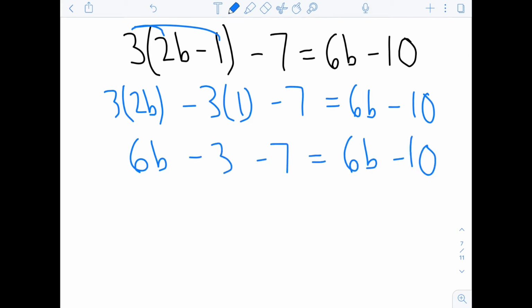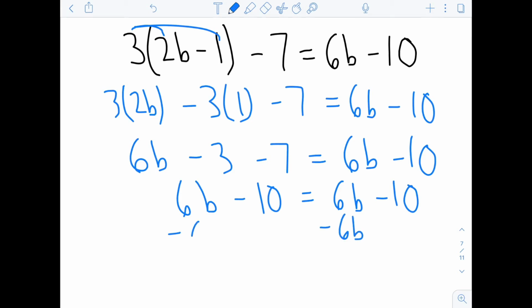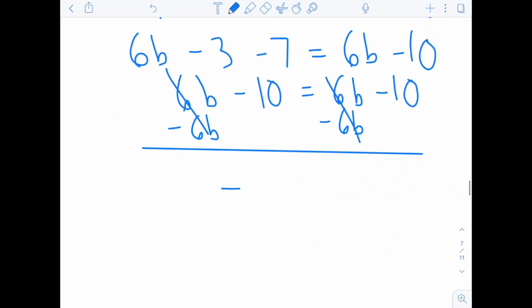And now we could combine the negative 3 minus 7, so that's going to be negative 10. And now we can get rid of the variable term, so we can subtract 6b from both sides. So we're left with negative 10 equals negative 10, which is true.